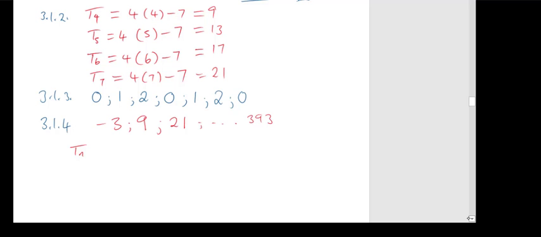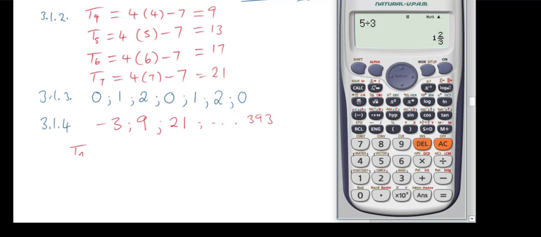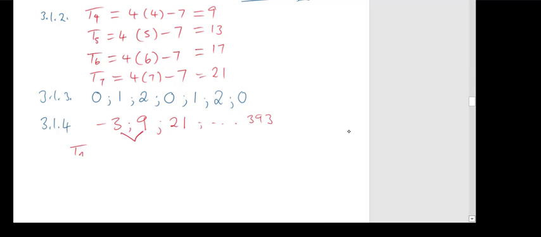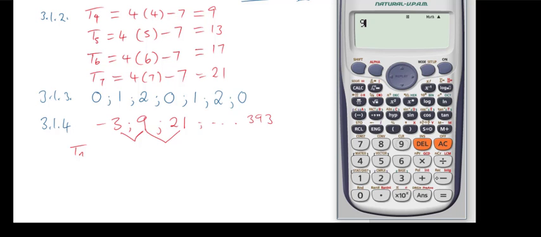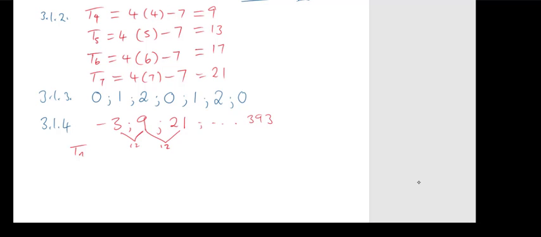Now if I say common difference, if it's common then it's got an arithmetic. 9 minus minus 3, then what's the difference? It's 12. Okay. 21 minus 9, and the difference is 12. So I've got 12 la, 12 la. I've said the nth term 393. Now therefore, which means I'm using an arithmetic sequence.